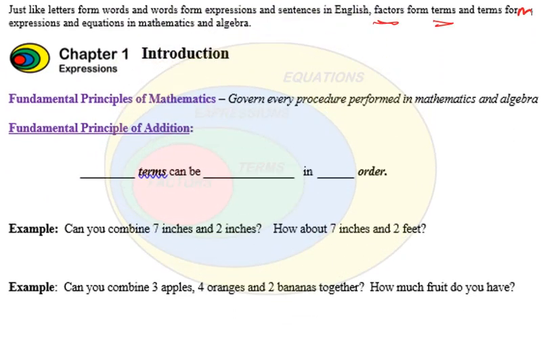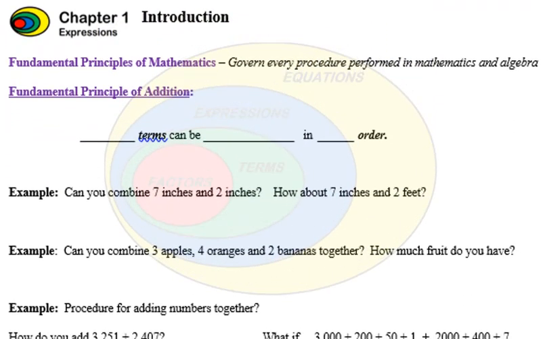We have two fundamental principles of mathematics, and they must govern everything we do in math and algebra. So the first one is the fundamental principle of addition. The principle of addition basically says that like terms.